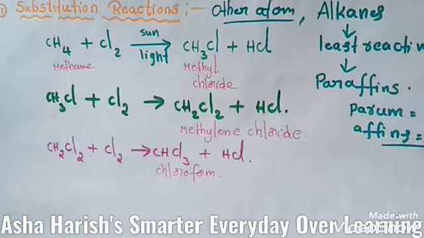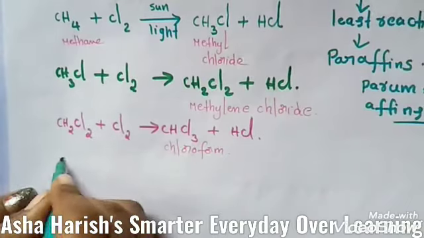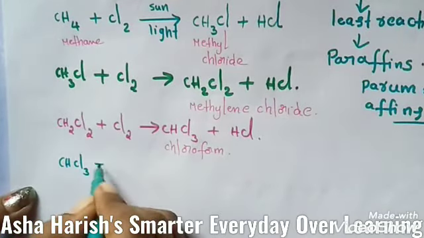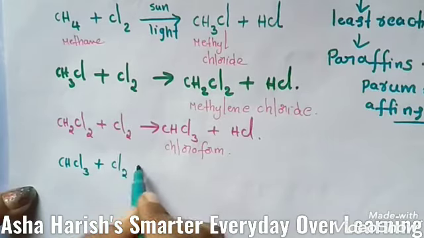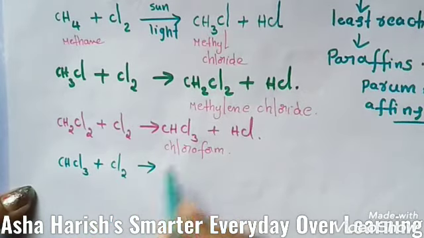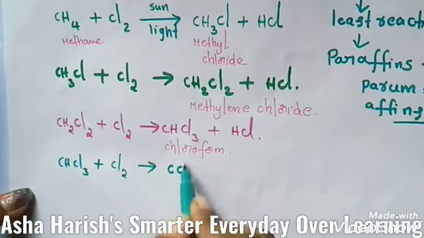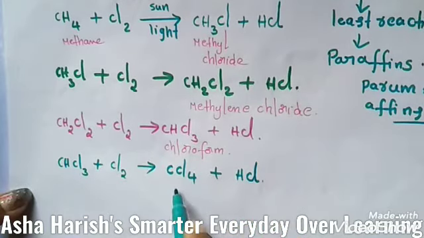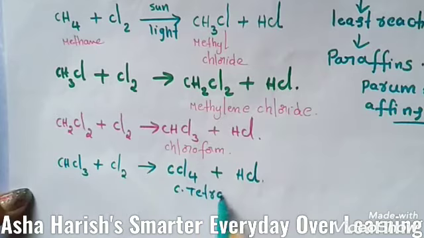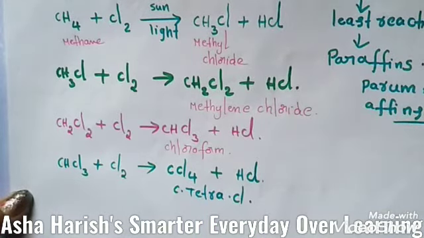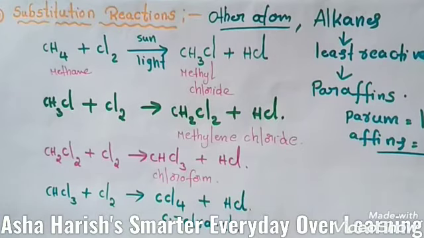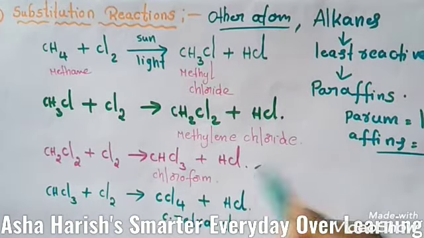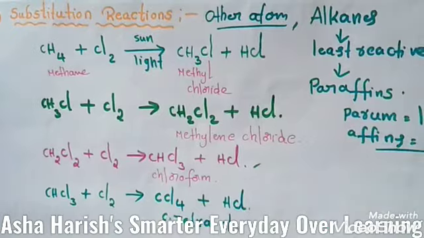Now students, again to this chloroform, CHCl3, if you add chlorine, the reaction takes place between these two in the presence of sunlight. Then the formed compound is carbon tetrachloride along with HCl. Okay students, this is about substitution reactions, what you studied in your 10th standard, carbon and its compounds.